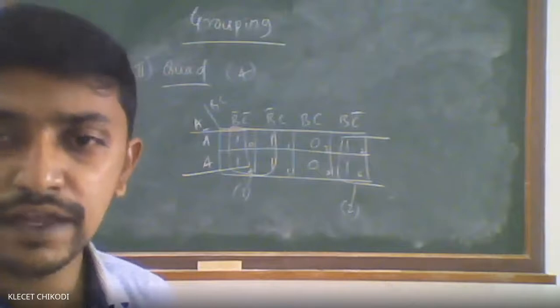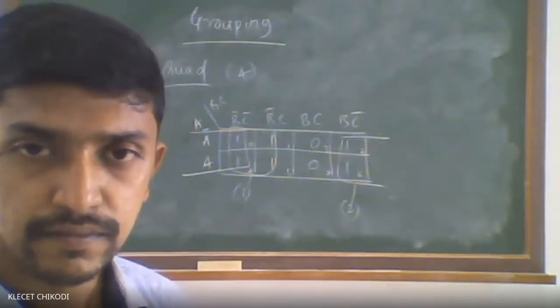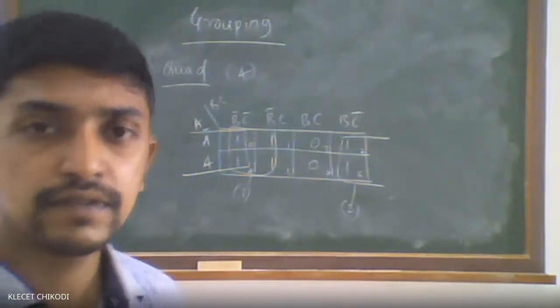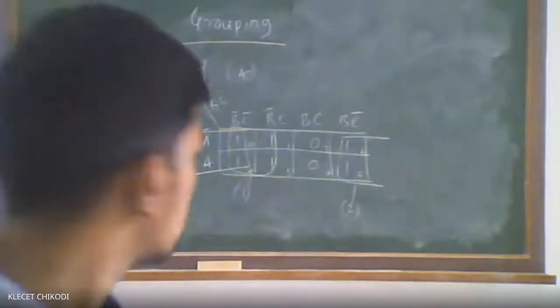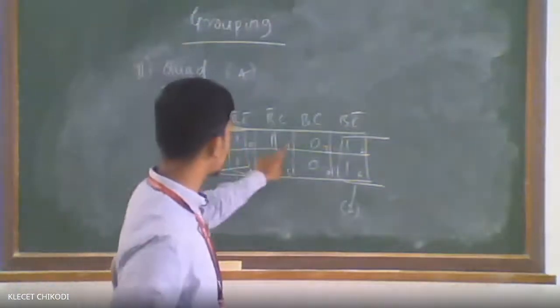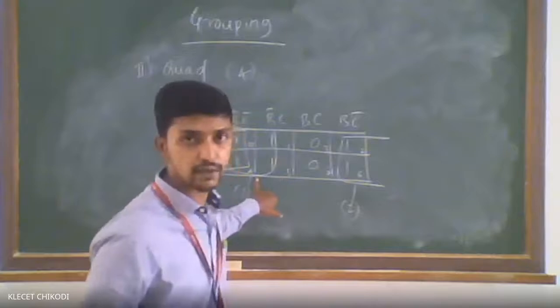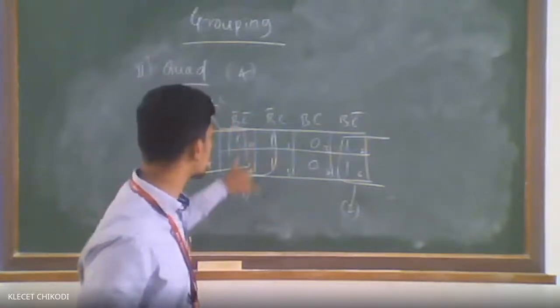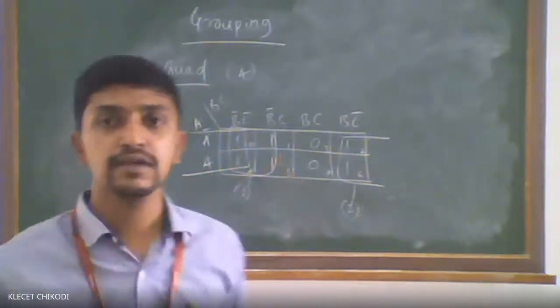So for this one, 0, 1, 4, 5, this is the first quad. What is the term you will get?